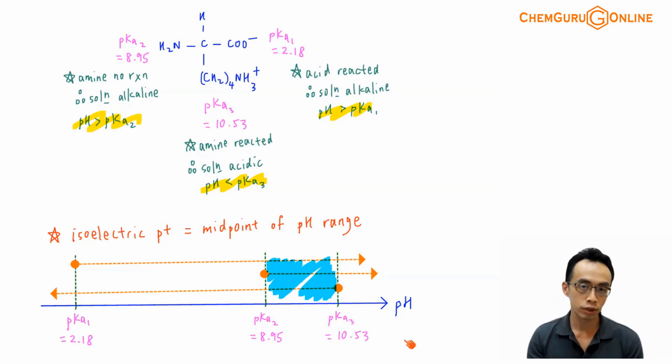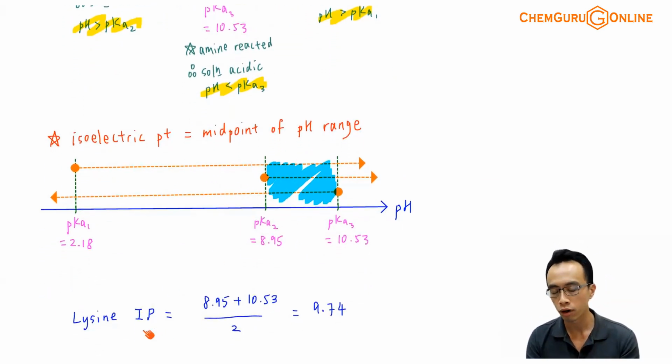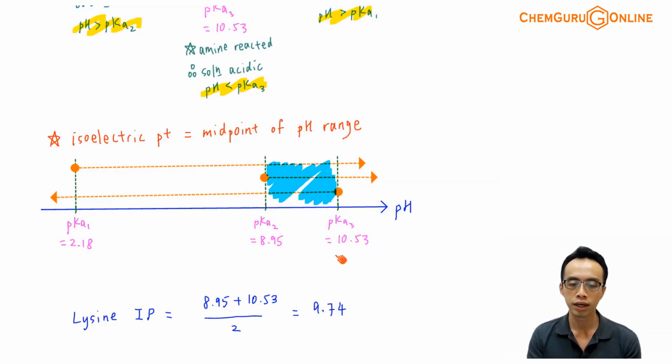But what is my isoelectric point? The isoelectric point, same thing, will just be the midpoint of this pH range. So the isoelectric point for lysine will just be 8.95 plus 10.53 divided by 2, and I'll get this isoelectric point 9.74.